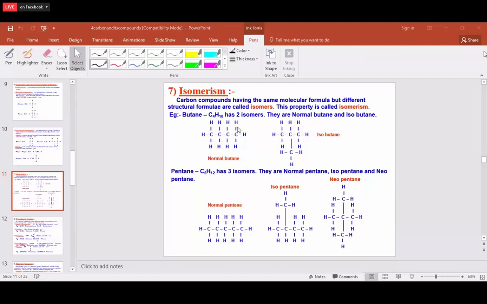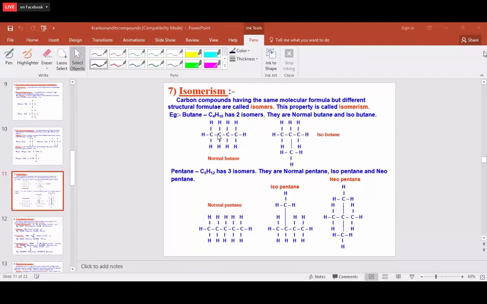So this carbon atom: 1, 2, 3, 4, the four bonds are completely filled. This carbon atom already has two bonds with the other two carbons, so here one hydrogen, here one hydrogen. Again this carbon makes single bonds with two carbons, so two bonds are already gone, and it makes one bond with one hydrogen here, one hydrogen here.